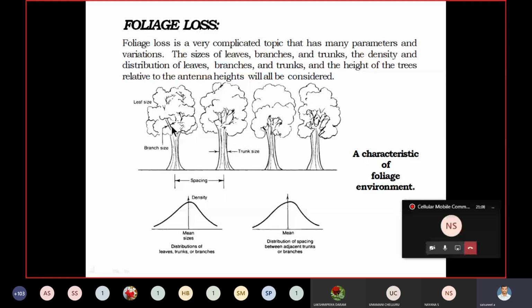These are the parameters you have to consider in a tree to calculate foliage loss.